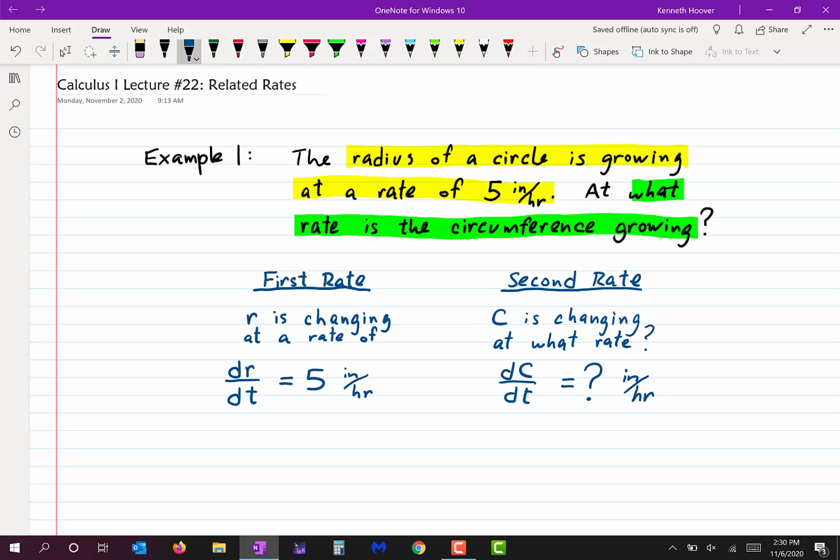You write down the rates that are mentioned, and then you write down the relationship between the quantities mentioned.